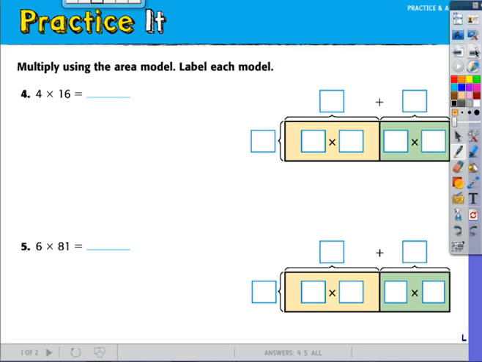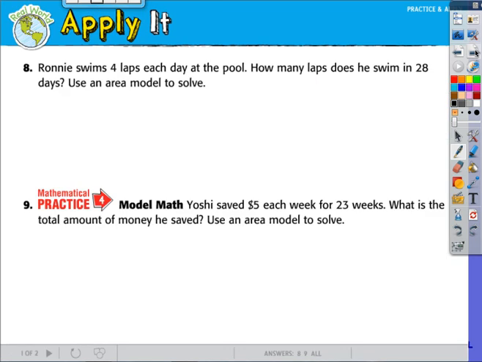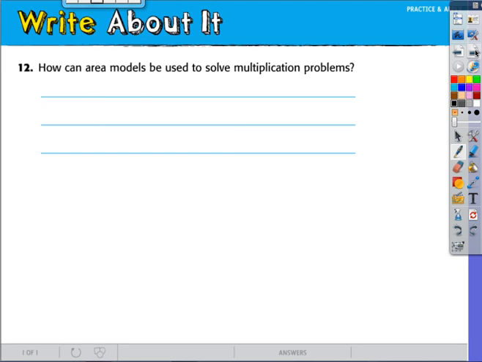Okay. You guys are going to do the practice. Number 4s, 5, 6, 7, 8, and 9. Actually, all the way through 12. All right. And that will be your homework for tonight. If by chance you get stuck on something, the answers will be on our video on YouTube.